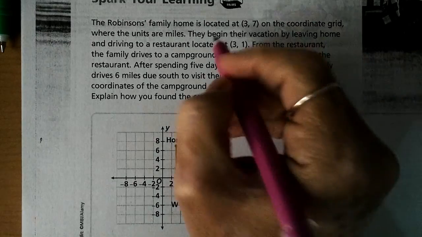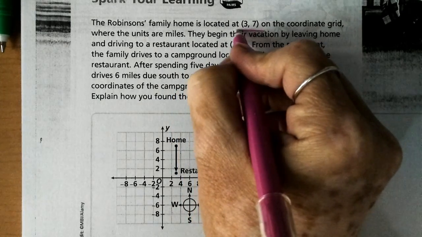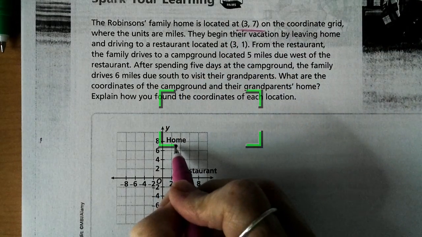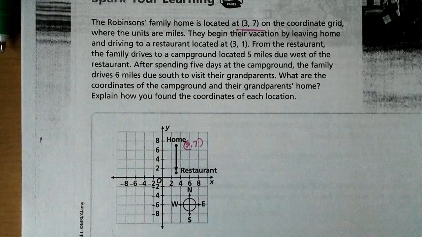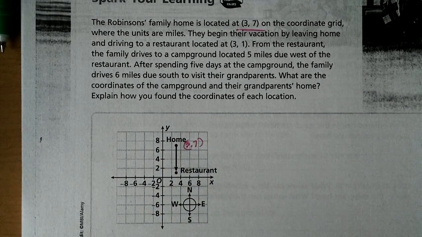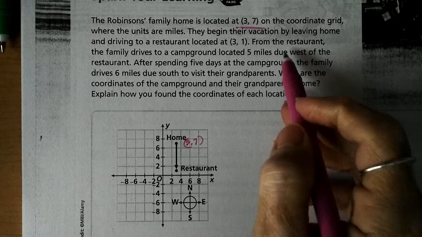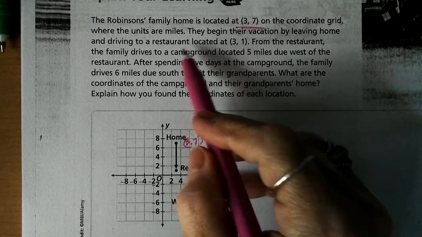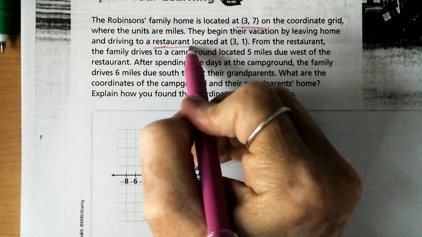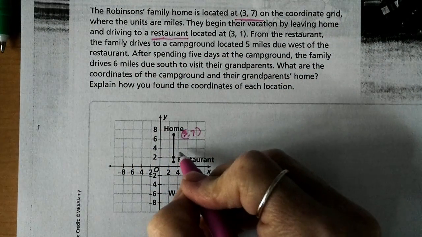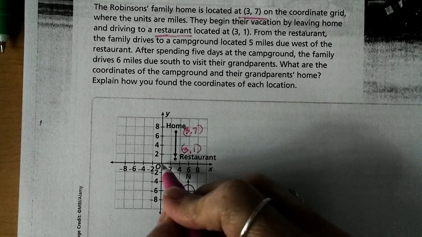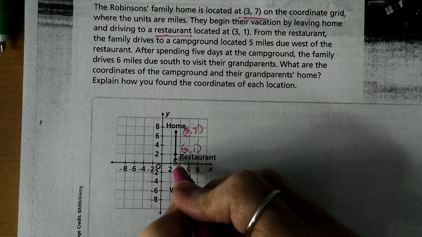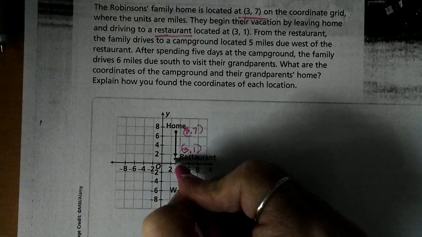As you can see, they have already plotted the point (3, 7), because that is the Robinson family home. Then they went on vacation, and they stopped at a restaurant that is at point (3, 1). So, over to 3, up to 1. That's how we would graph that.